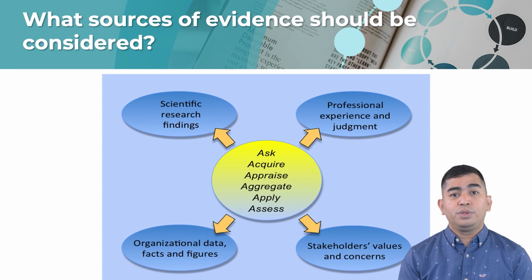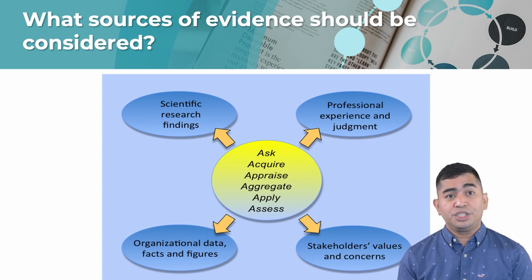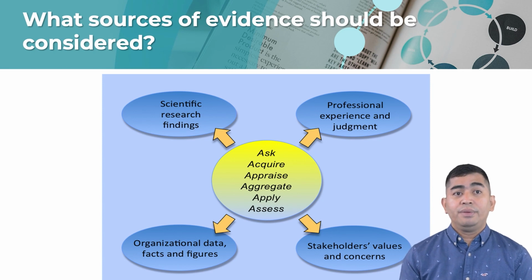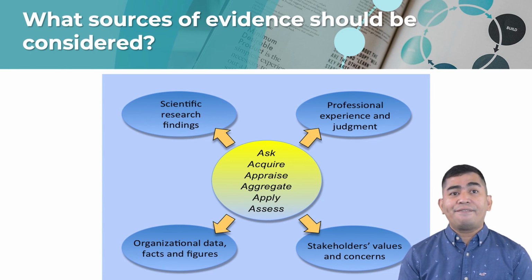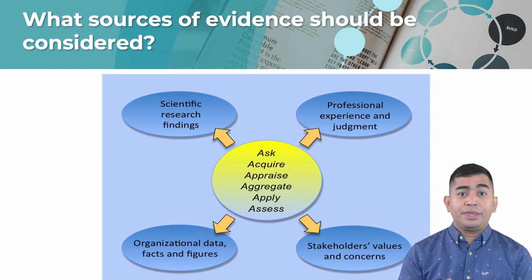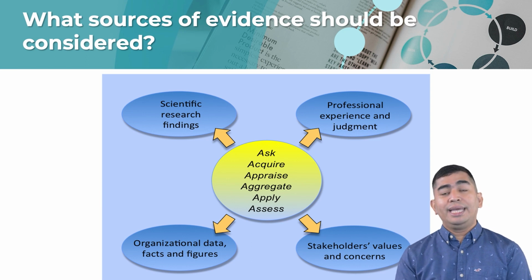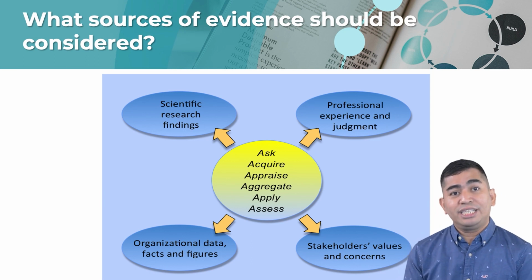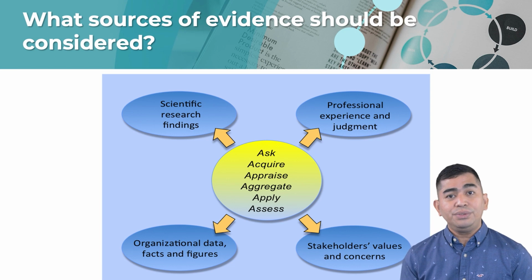Of course, you have to factor in your professional experience and judgment. Third, your organizational data, facts, and figures are very important to look keenly at the things happening in your context. And lastly, look at the stakeholders' values and concerns.